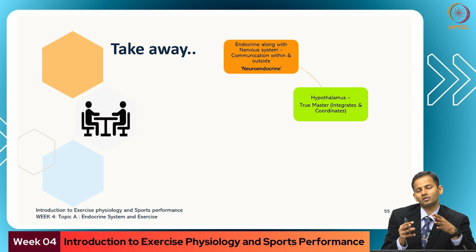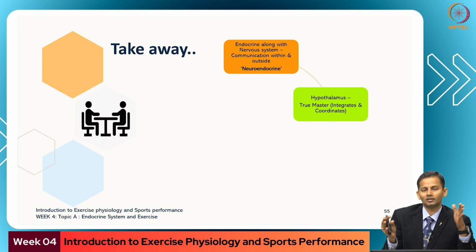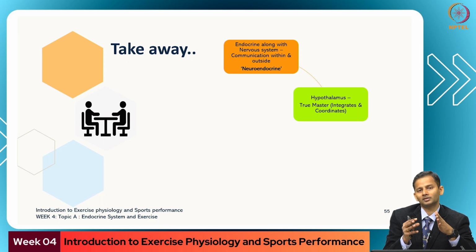So at the hypothalamus, the integration of these two different systems happens, and thereafter a common pathway happens because of the various release of hormones, and it also controls the feedback mechanism and regulation of these aspects as well.